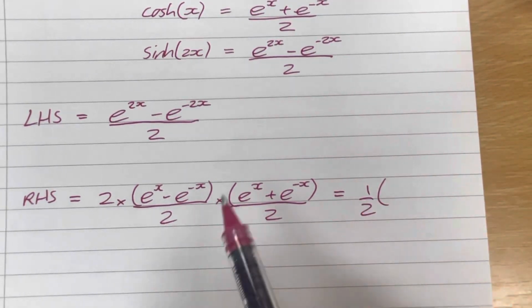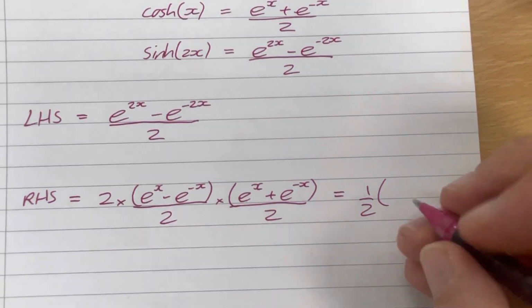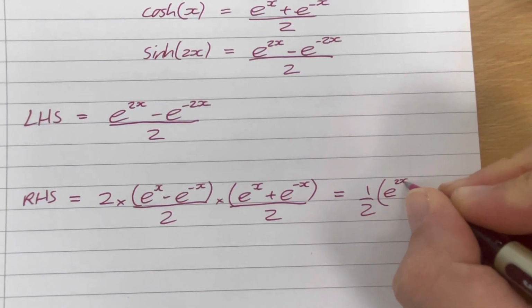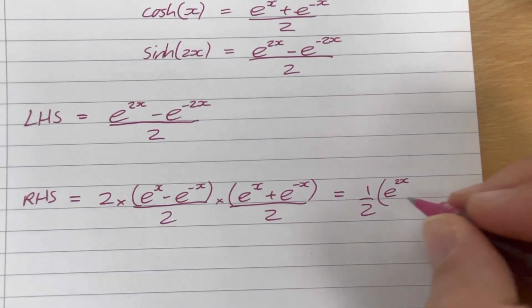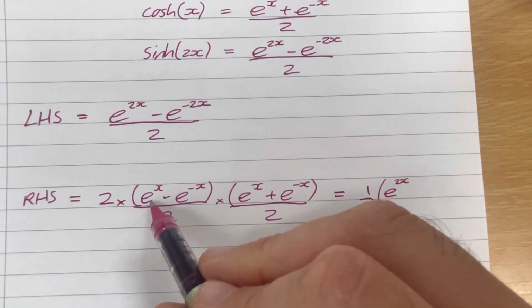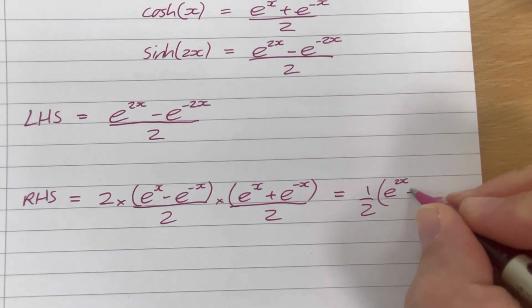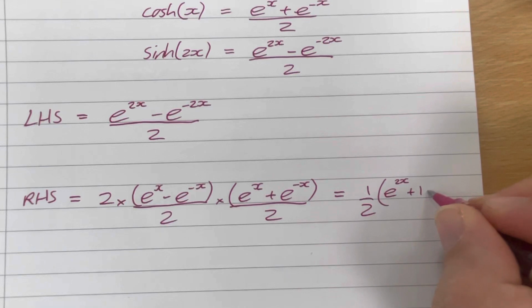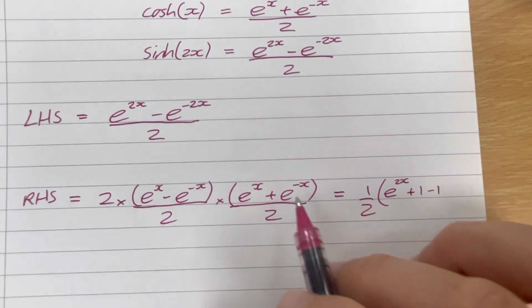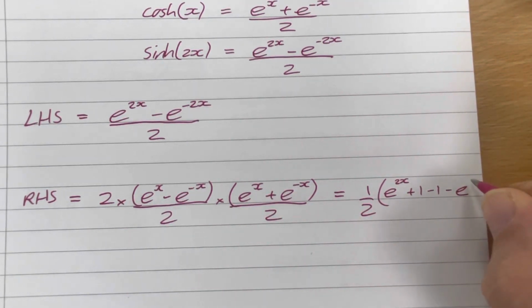And then multiplying out this bracket, we're going to get e to the x times e to the x is e to the 2x. I'm going to put the cross terms in, even though they cancel, just because it's a show that question. So e to the x times e to the minus x is 1. Minus e to the minus x times e to the x is minus 1. And then I've got that times that, which is minus e to the minus 2x. Okay.